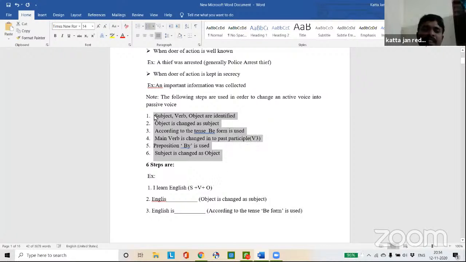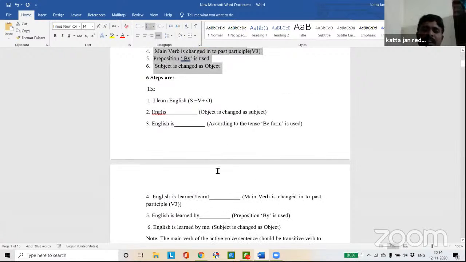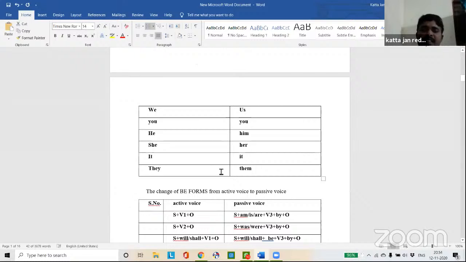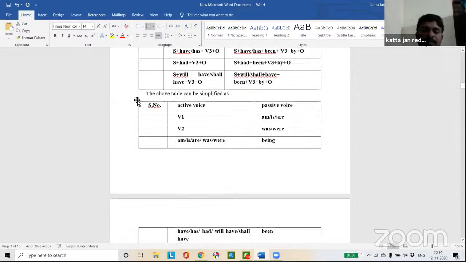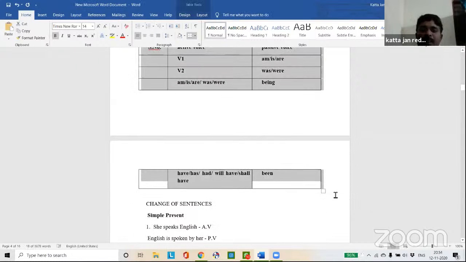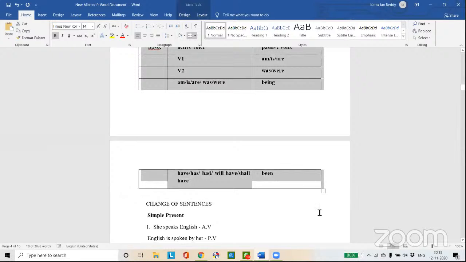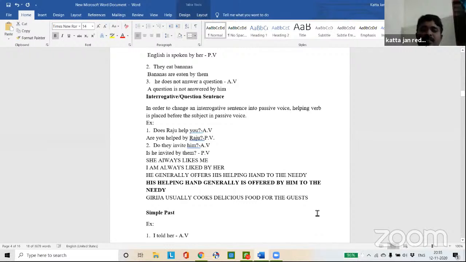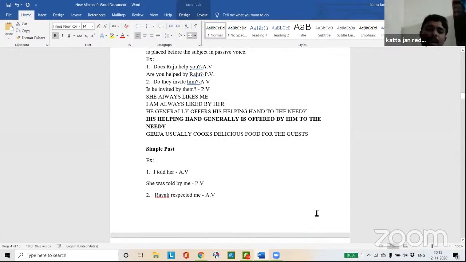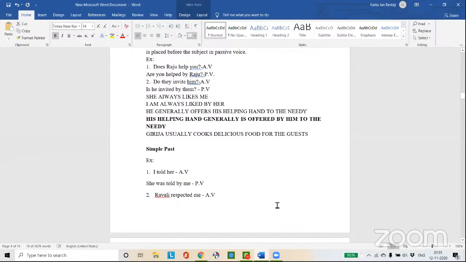Those 6 steps, including this table, are enough to change any active voice sentence into passive voice. No doubt.